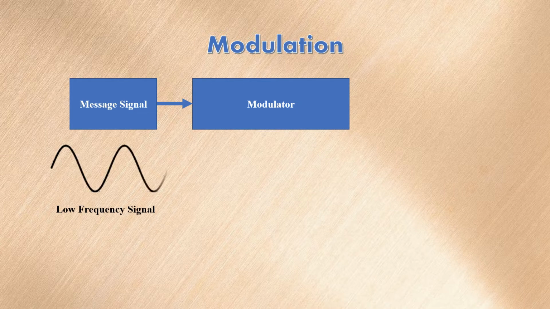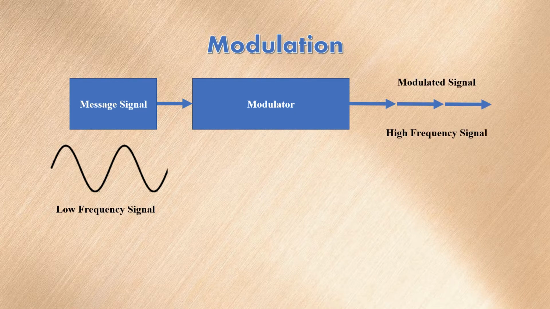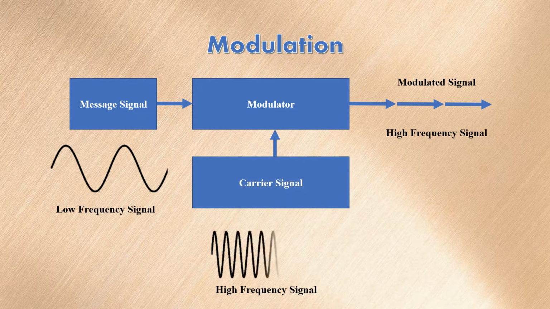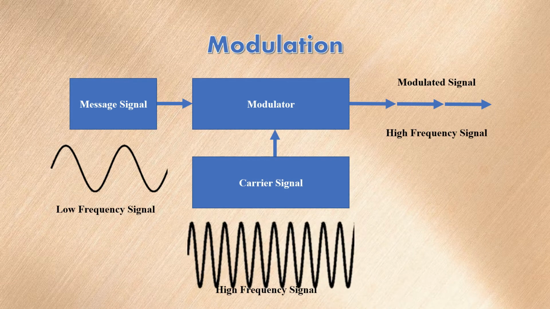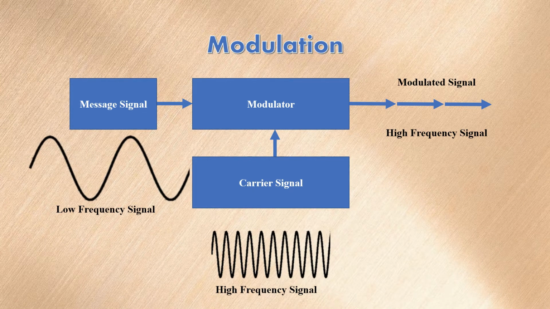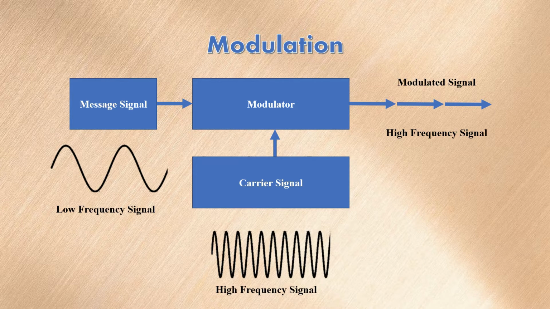It converts this low frequency message signal into a high frequency modulated signal with the help of another high frequency signal called the carrier signal. The carrier signal is the high frequency signal which carries the information of the low frequency signal, and the high frequency carrier signal is varied in accordance with the amplitude value of the message signal, and it is transferred over the channel as a modulated signal.